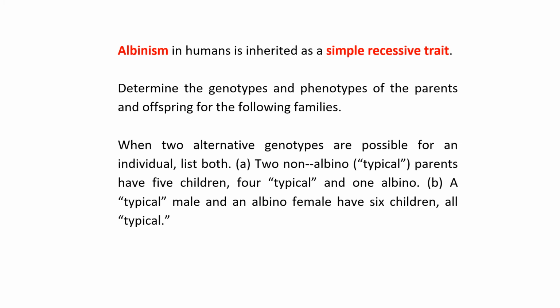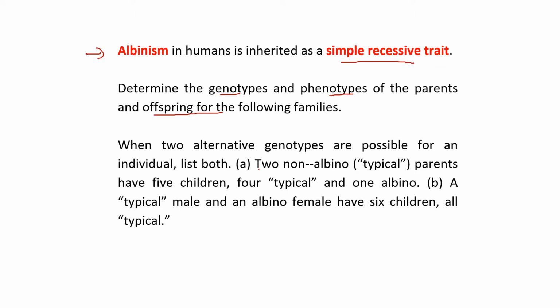Okay, now we have this trait that we talked about in class, albinism, which is a simple recessive trait. Now we have to determine the genotypes and phenotypes of the parents or the offspring for the following families.